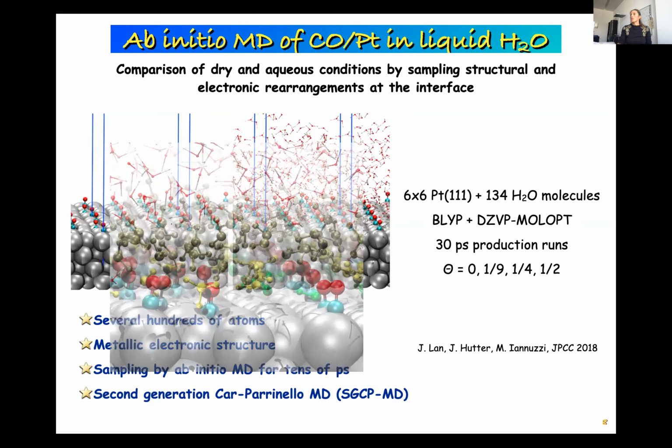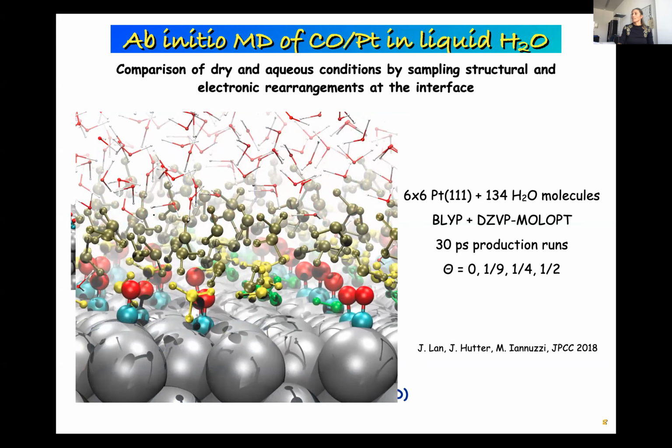This is just a picture of the system where you can distinguish the CO molecule, the co-adsorbed water molecules here, and the first layer of water, the water layer just above the adsorbed layer.